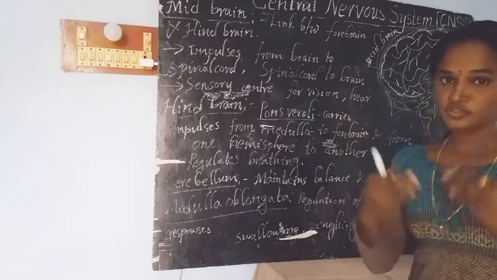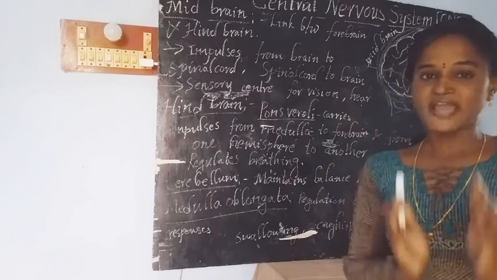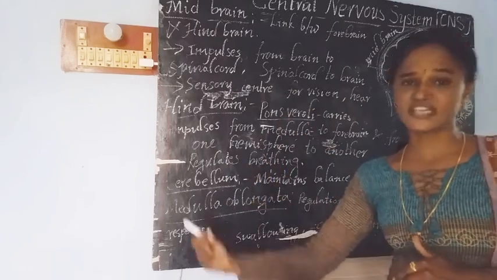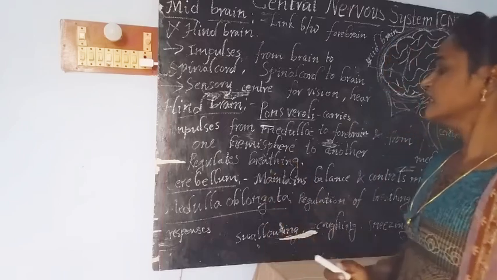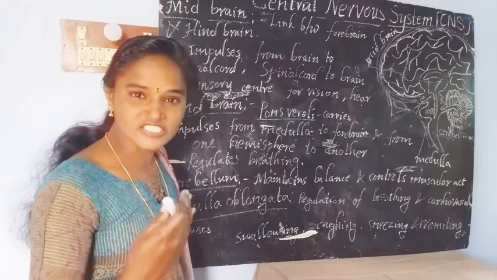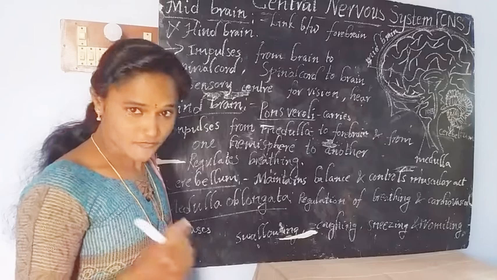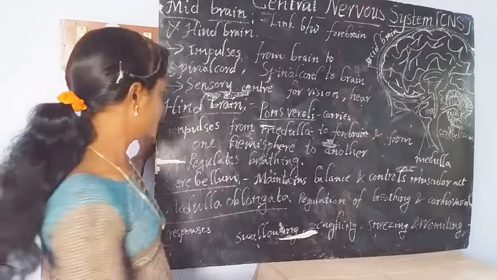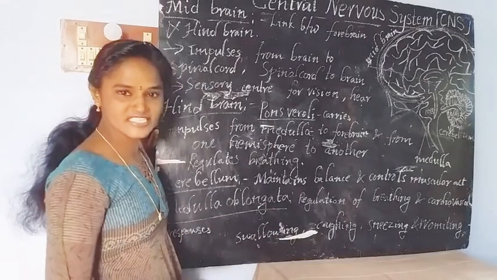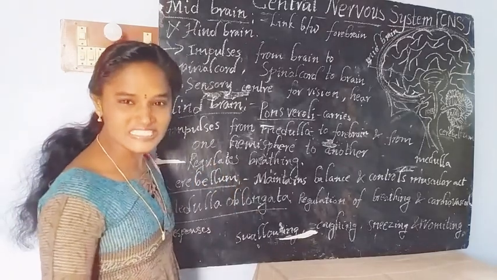It also carries information from one hemisphere to the other, from the left hemisphere to the right hemisphere. It also regulates breathing, the activity which keeps us alive. If you want to survive, this Pons Varolii should be active because it is the controlling system for our respiration.